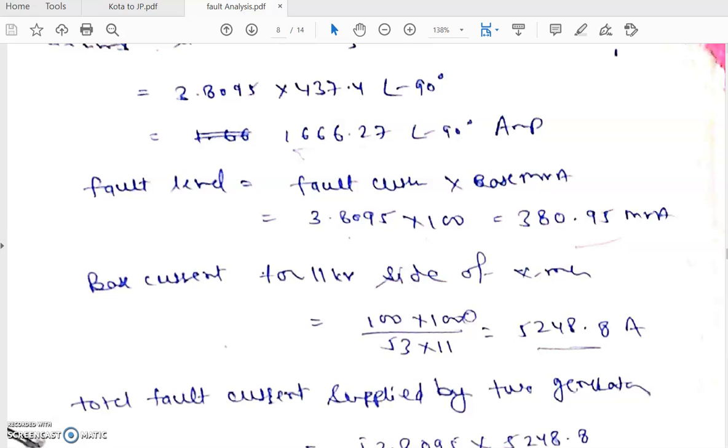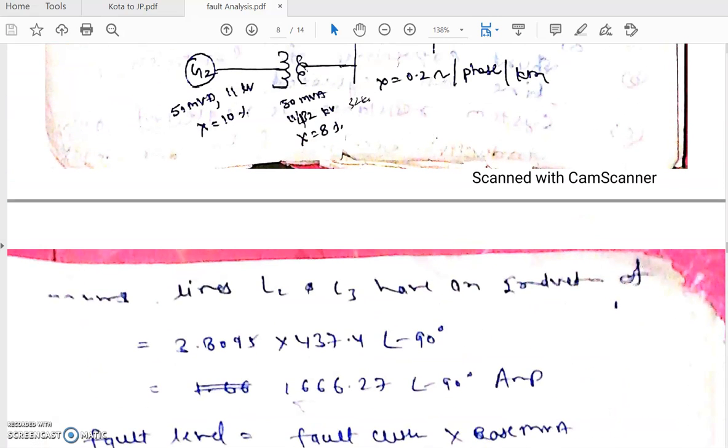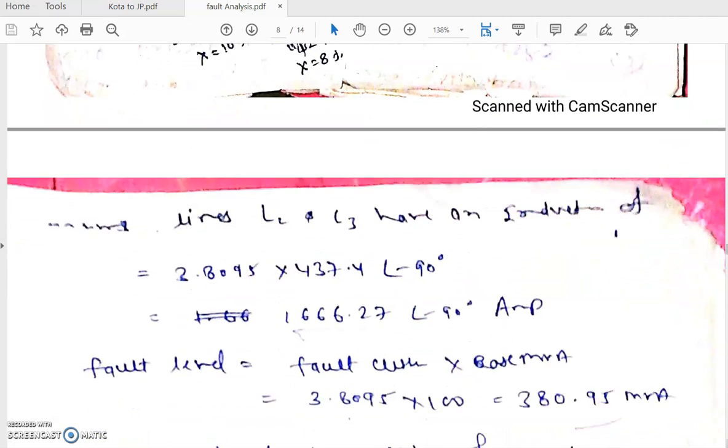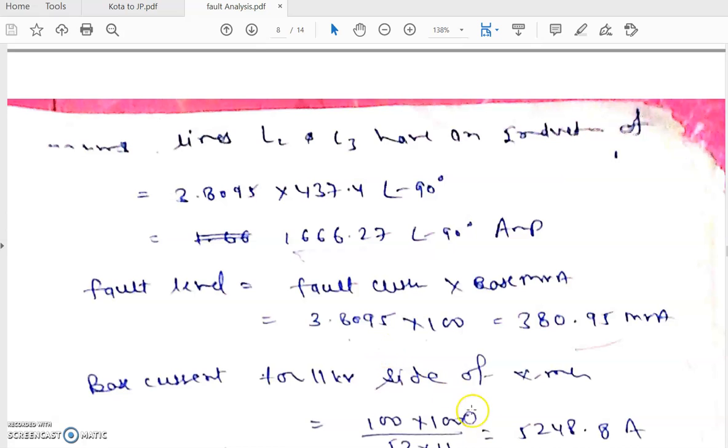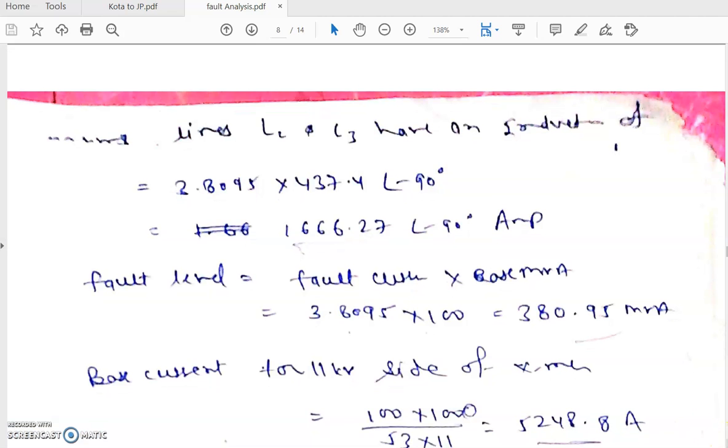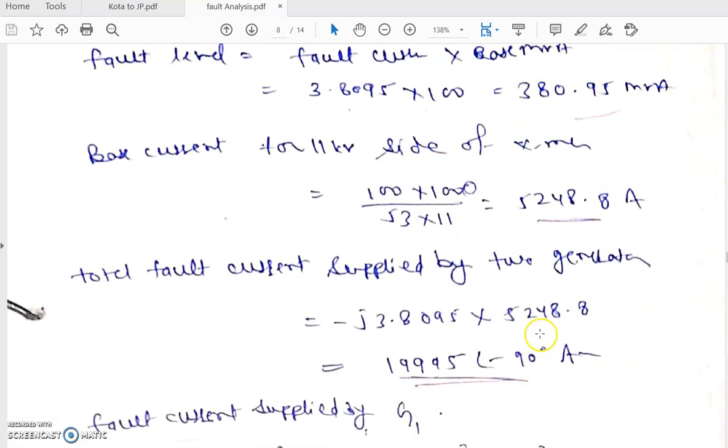When the base current is calculated, we have to multiply the base current by the fault current in per unit, which we obtained here. 5248.8 is the base current, this is the per unit current, so this is the actual fault current.